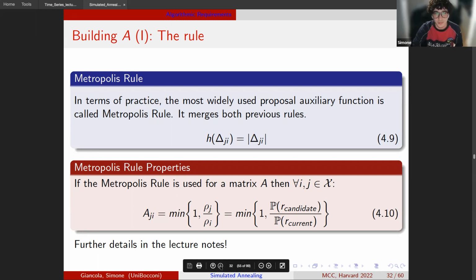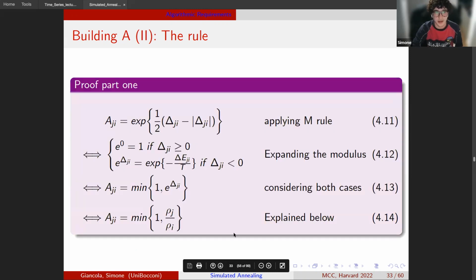Well, this is not required since this Metropolis rule inside the design of the A matrix, which is this one, more details in the lecture notes, basically allows us to reduce the choice to a probability of 1 if the change is positive, which means that the change in distance is negative.